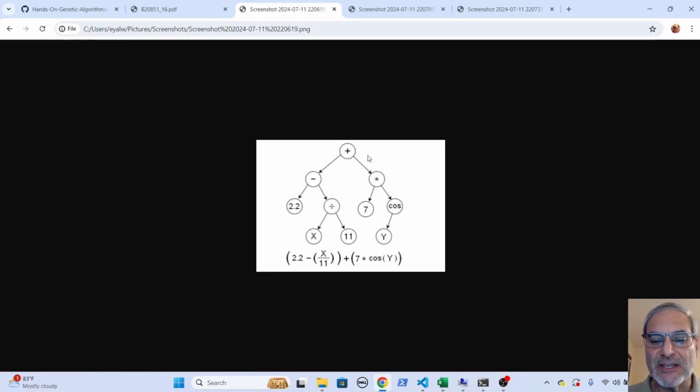So the structure of the gene or the chromosome represents a tree that has leaves with the inputs and some constant values, and then has a set of operations that can be used as nodes in the tree. Some of them are unary operations like the cosine, and some of them accept two parameters or more.